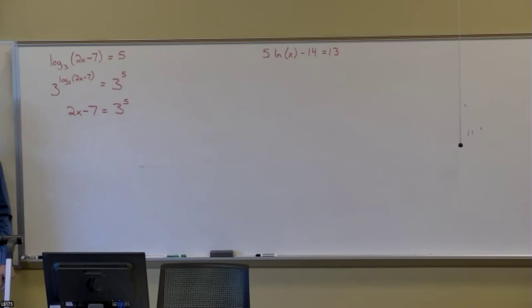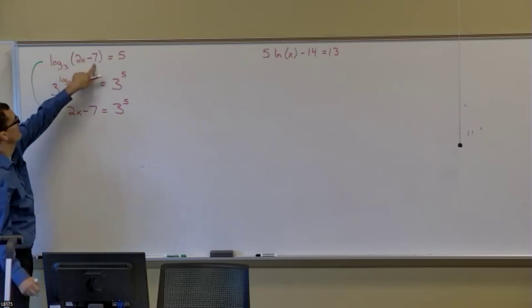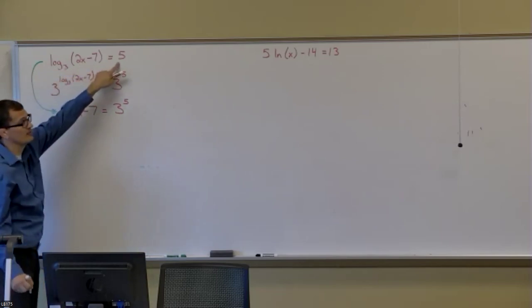So that's one way to think of it. The other way to think of it is that if I convert this log expression into an exponential expression, it's just that exponential expression. This is telling me that my argument is 3 raised to the 5th power.